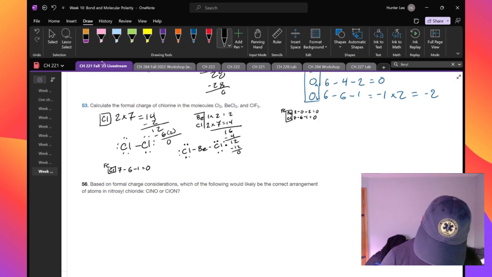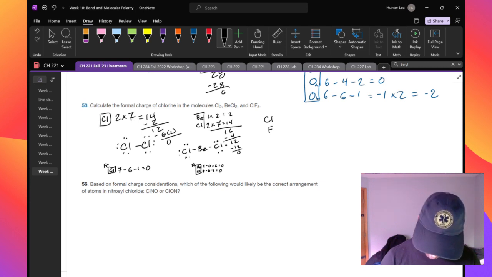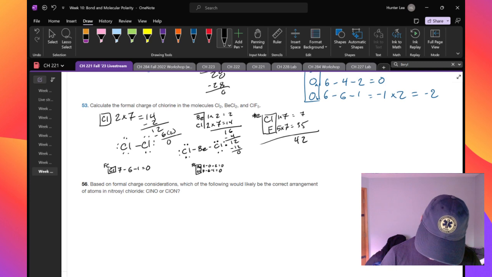Let's do the last one, which is chlorine pentafluoride. Fluoride? Fluorine. Doing our accounting. 1 times 7 and 5 times 7. 42.